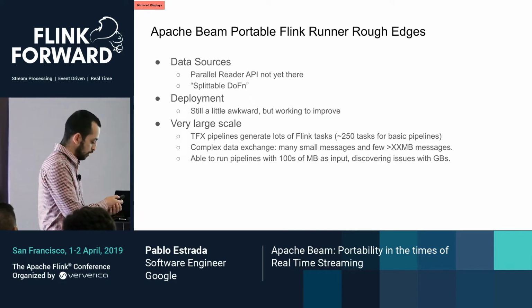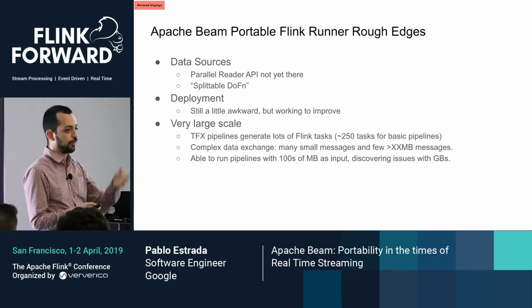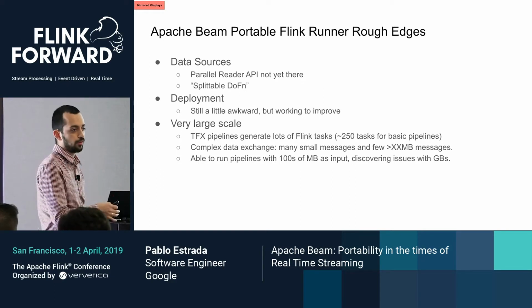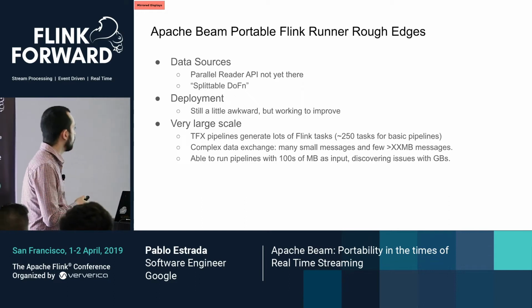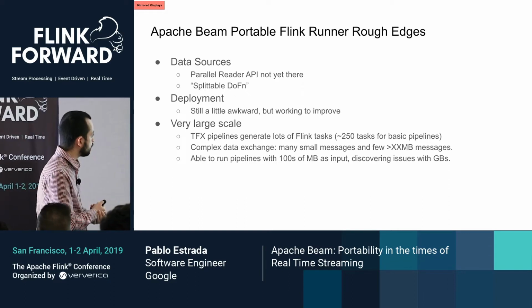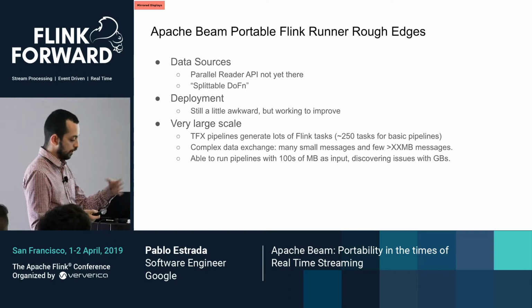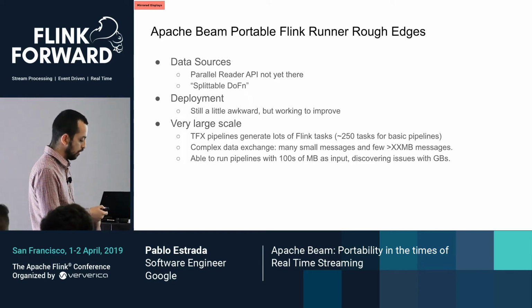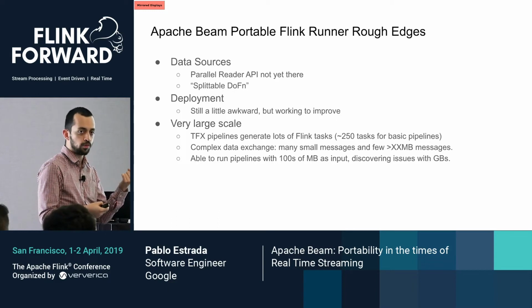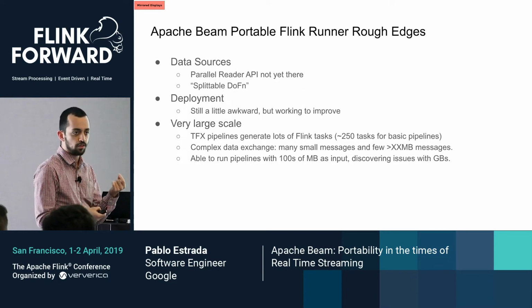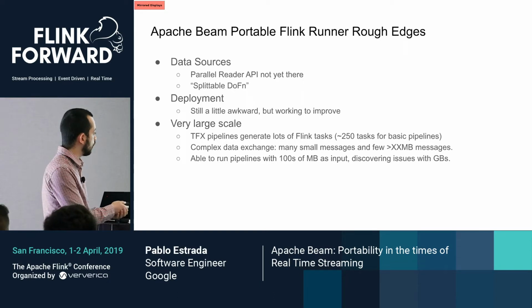Right? And so what are the rough edges? A lot of the rough edges are also for operations, right? You do have to stand up the new services. There's also data sources. Currently, the integration doesn't integrate with the source API of Flink and the source API of other runners.